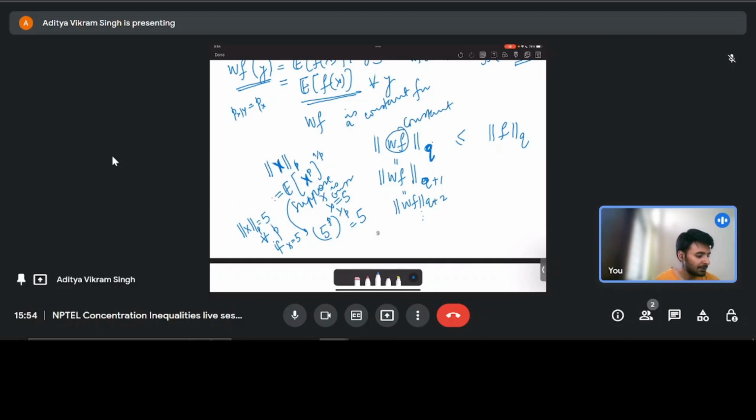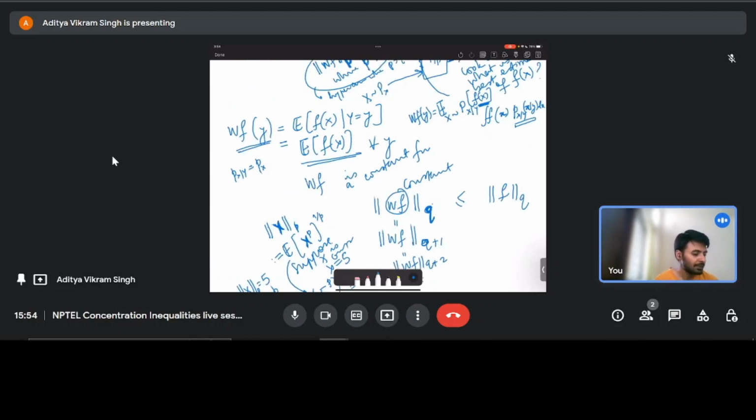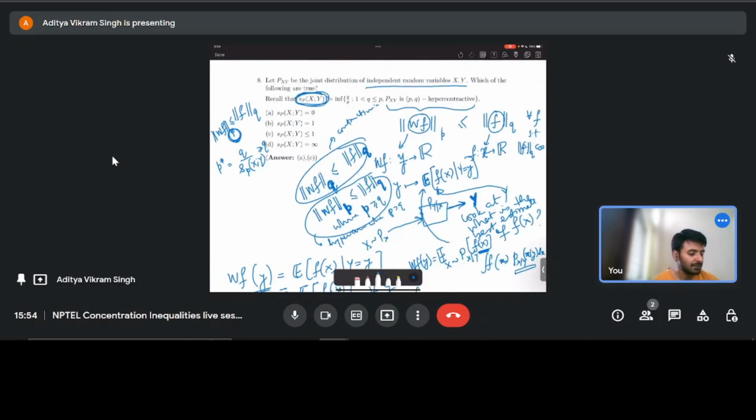And so this p can be made infinitely large. So what that implies is that SP is 0, right? So for a given Q, you can take the largest p, p star, to be infinity. This is all informal maths, but yeah, you can take p star as big as you want. So A is the correct answer, and C is also correct because 0 is less than or equal to 1.